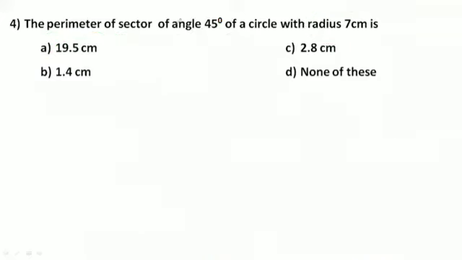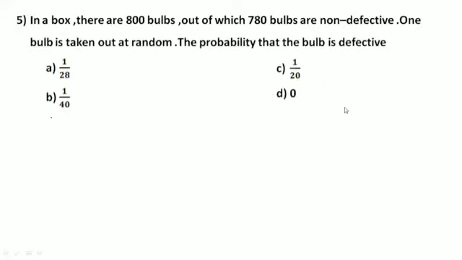Let's go to the next problem, children. Fifth problem. In a box, there are 800 bulbs, out of which 780 bulbs are non-defective.